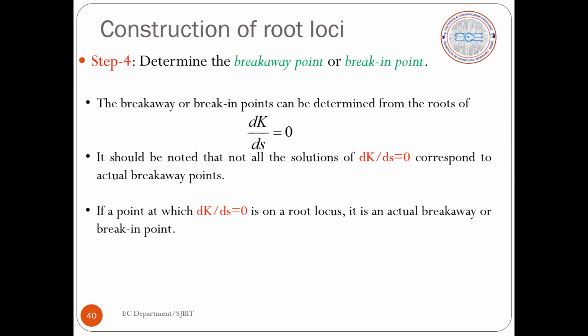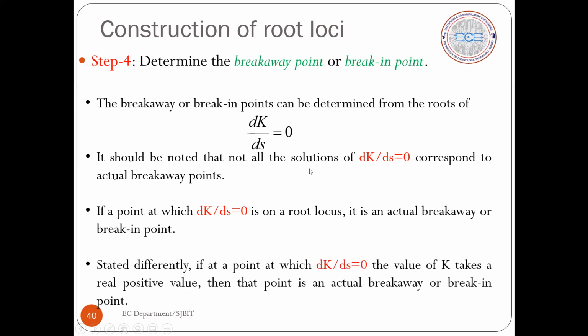If a point at which dk/ds = 0 is on the root locus, it is an actual breakaway or break-in point. If it lies outside the root locus region, then definitely you have to discard it. That is a simple way of validating a breakaway or break-in point.